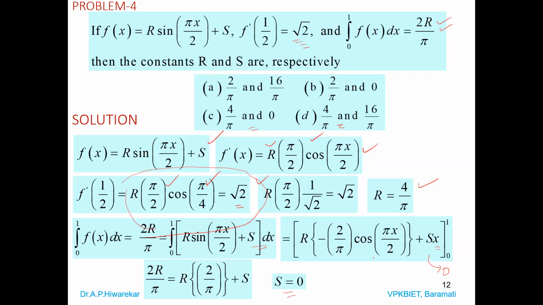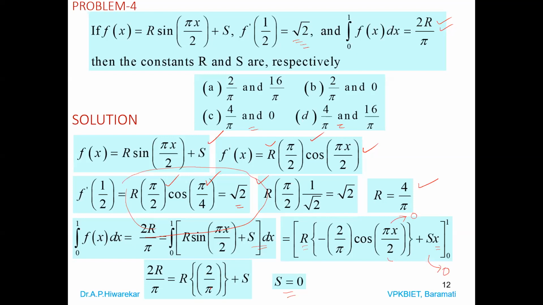I hope you can do all these calculations very easily. When we substitute the upper limit x as 1, you get cos of pi by 2, and that gives 0. For the lower limit only you have to calculate, and because of minus, minus, it is plus, so it is 2 by pi into r.